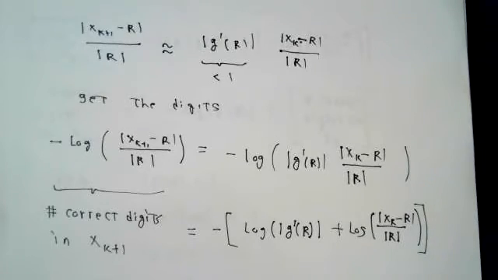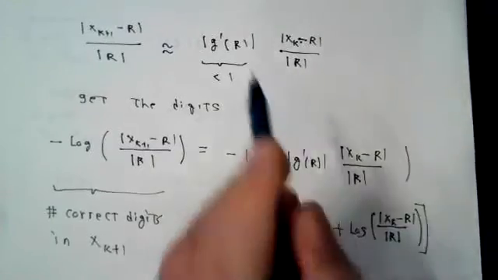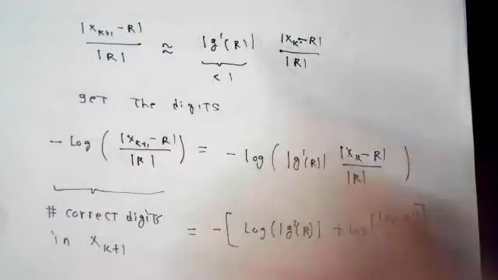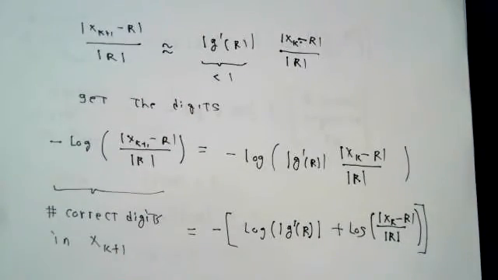Divide both sides of that relationship by the absolute value of r, r being the fixed point, the exact value that you're after. This number is still less than 1 in magnitude. How am I going to talk about digits as compared to relative error?